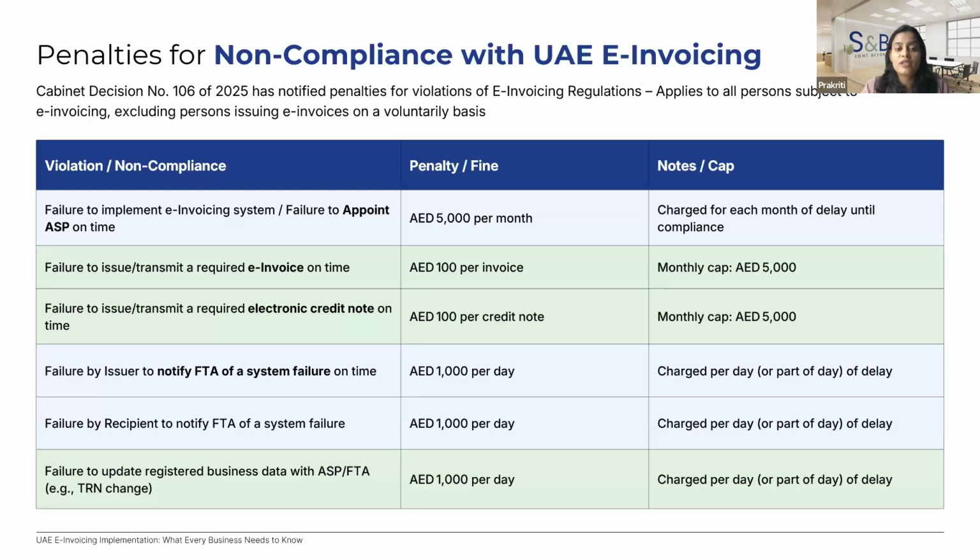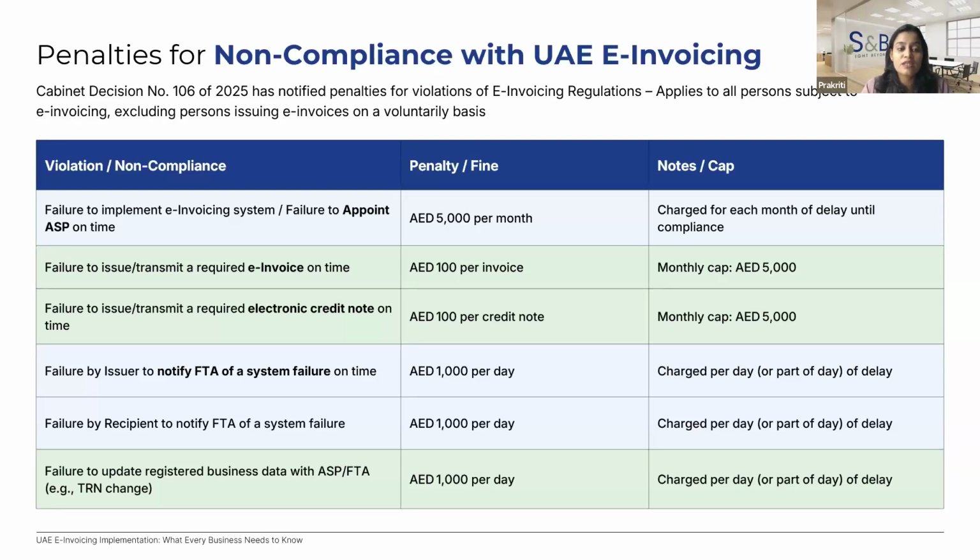But going forward, once you raise an invoice, if you have to make a correction or cancel anything, you need to use a credit note for that. And if you don't use that feature, there is a penal implication. In case there is a system failure, the ASP or the business needs to inform the FTA that there is a system failure and I'm not able to issue invoices.